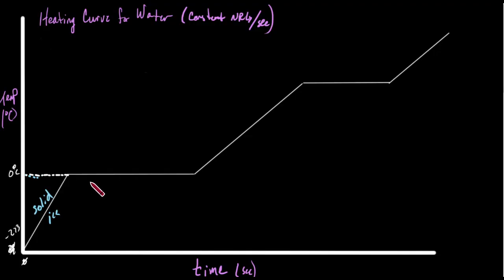So what happens at this point? If we keep increasing heat, what does our ice start to do? It starts to melt. Melting is solid turning into a liquid. But if we're going the other direction, if we're taking heat out of it, then this is liquid turning into a solid. And what would this process be?